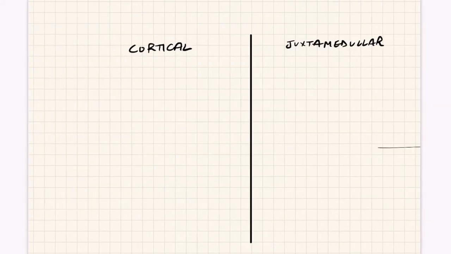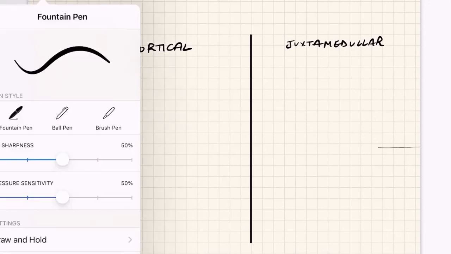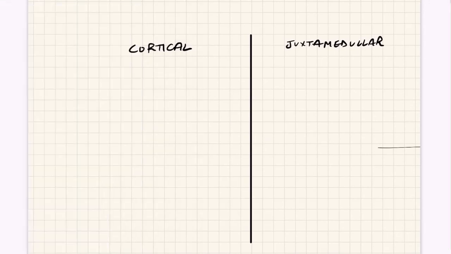First of all, the majority of nephrons are cortical. Around 85% are cortical, whereas 15% are juxtamedullary. So what did we learn? We learned that the loop of Henle is small here, and here it's long.